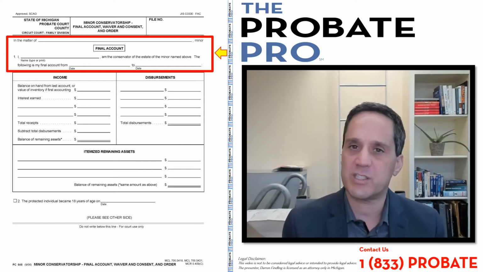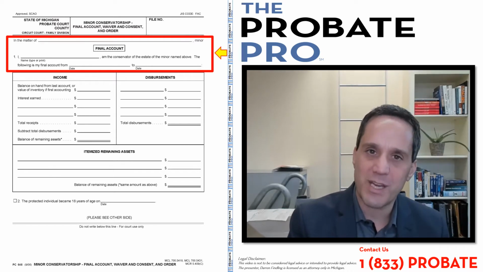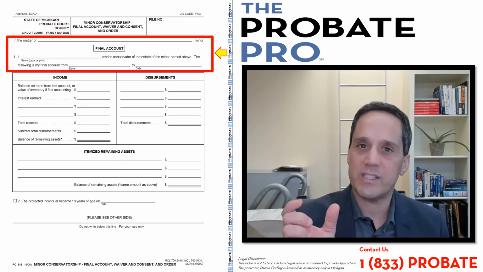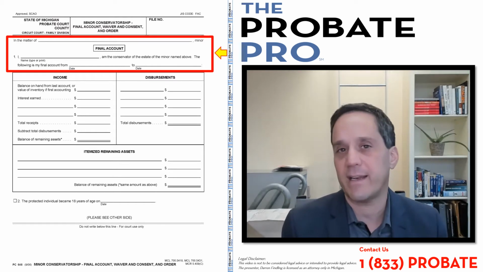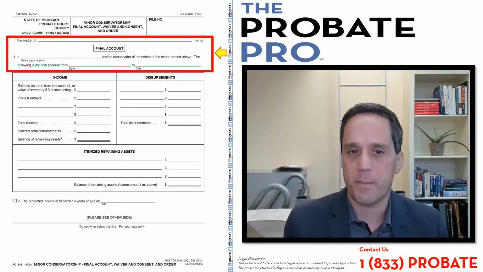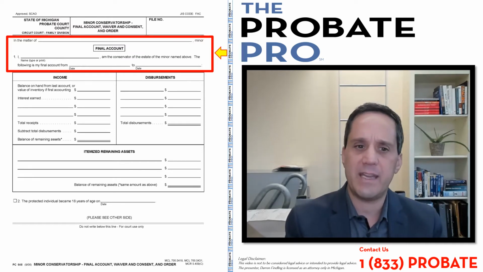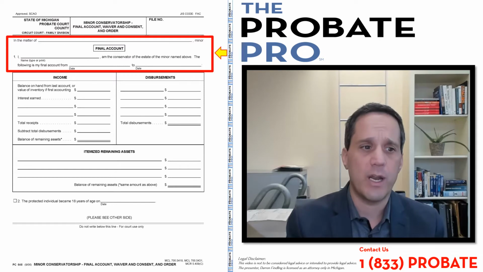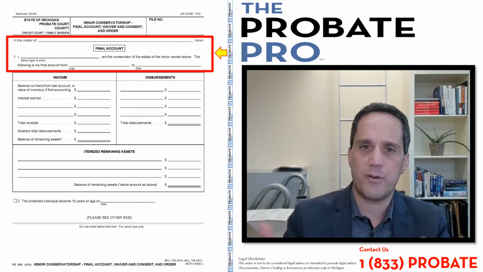Don't confuse this space with the minor's name. This is the conservator who is identifying that they are submitting a final account for their role as the conservator over the minor. It indicates that they've been serving as the conservator and that they're filing the final account from a particular date to another date.